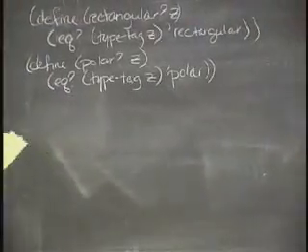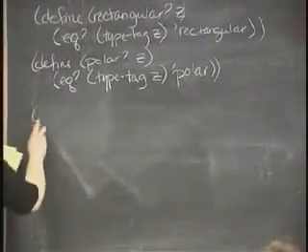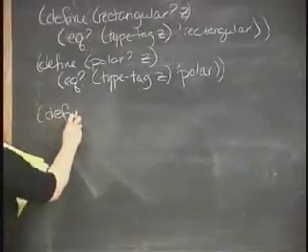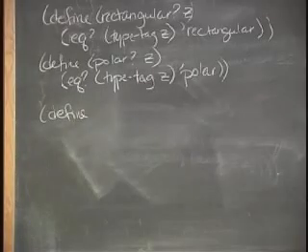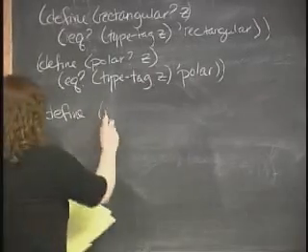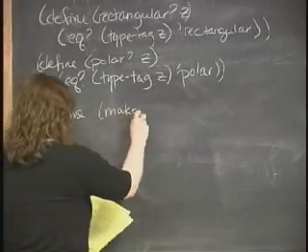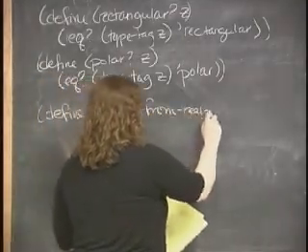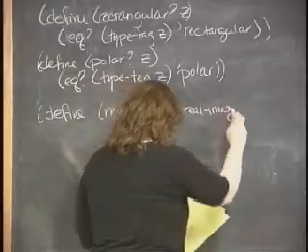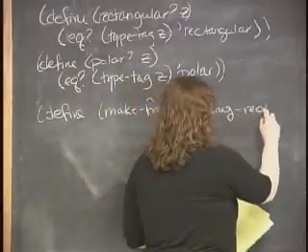But first, let me write the constructors. It is a lot easier to write the selectors once we've seen the list structure or cons structure that we're using for the constructors. So let me define something called make-from-real-imag-rectangular.